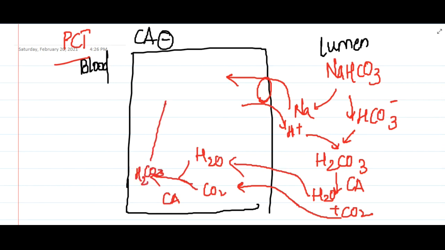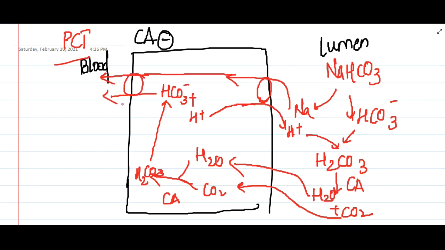Now this H2CO3 again dissociates into HCO3 minus and H plus. This H plus goes out, and this HCO3 minus along with this sodium will reach the blood with the help of sodium bicarbonate symporter.